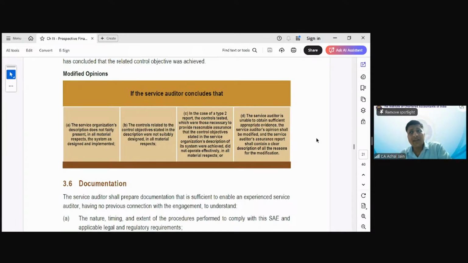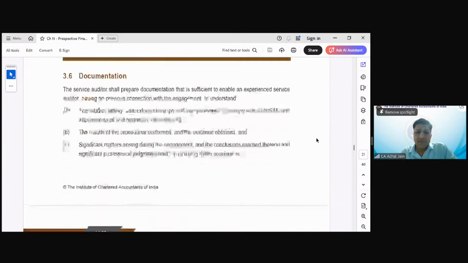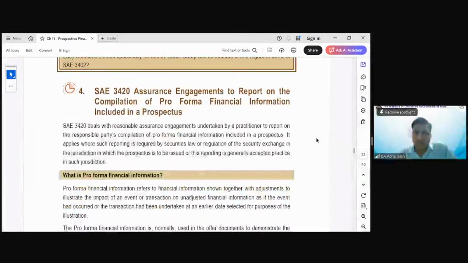Give a modified opinion. So you can say it's similar to what you have in case of IFC, because now the focus is on control. So that's why you are looking at it from the control side, right? Then of course the documentation which has to follow.